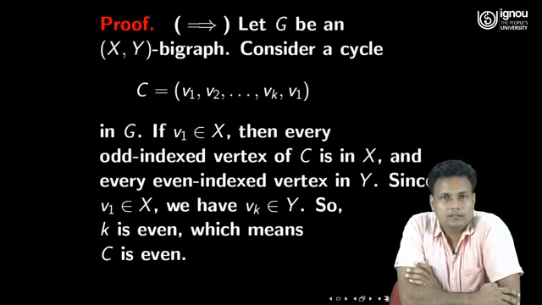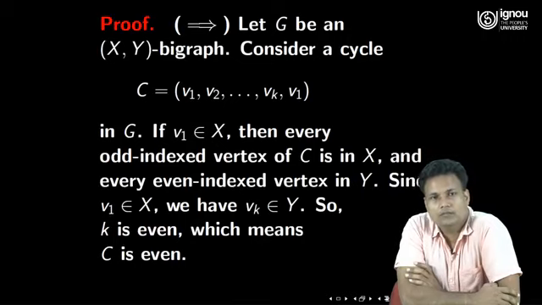Since Vk is adjacent to V1 and V1 already lies in X, Vk cannot be in X, that means Vk is in Y.